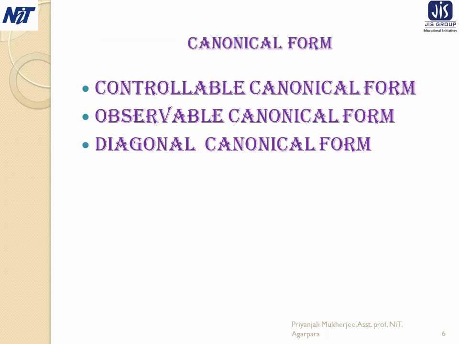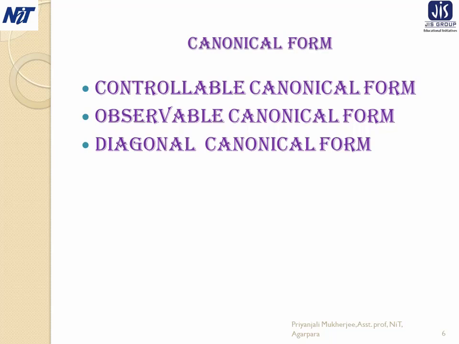Among these three, the controllable canonical form is used in most of the cases. So when we derive the state model from the different representations of the system, it can be represented in mainly three forms. One is the physical variable form, second is the phase variable form, and third is the canonical variable form.